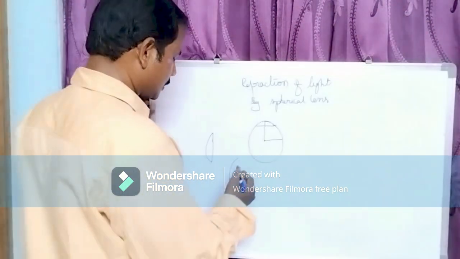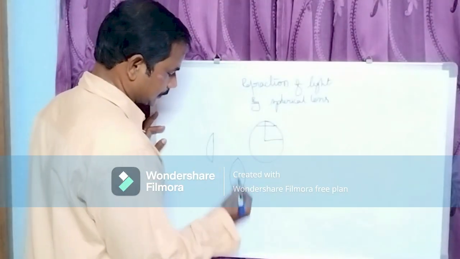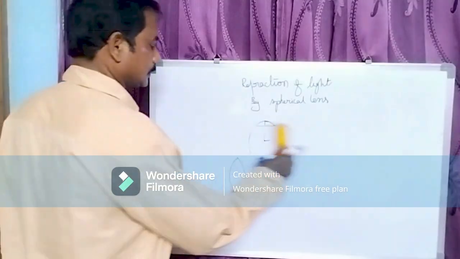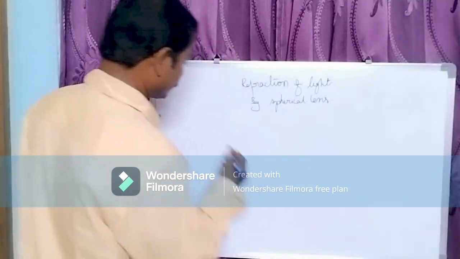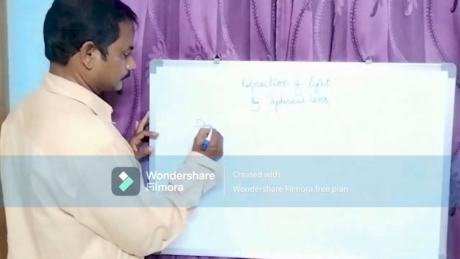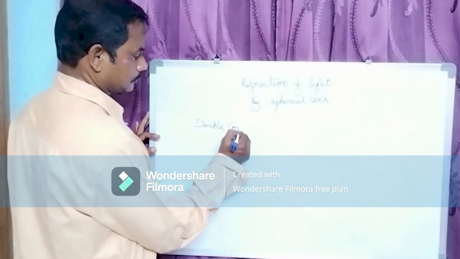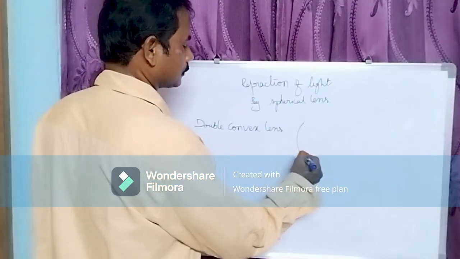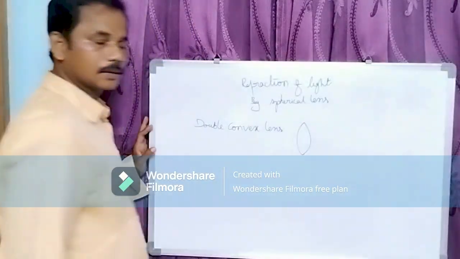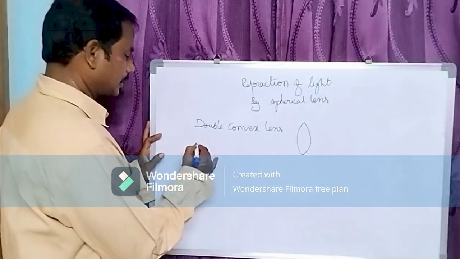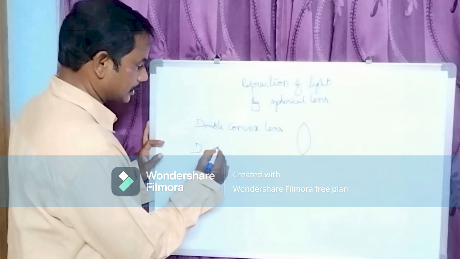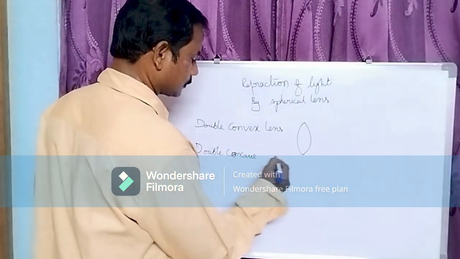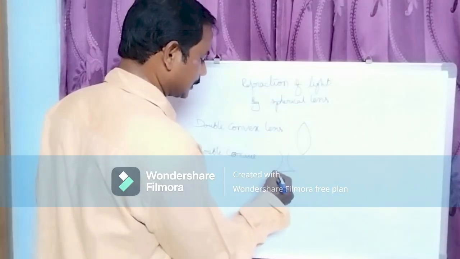Double convex lens looks like this. Similarly, double concave lens looks like this.